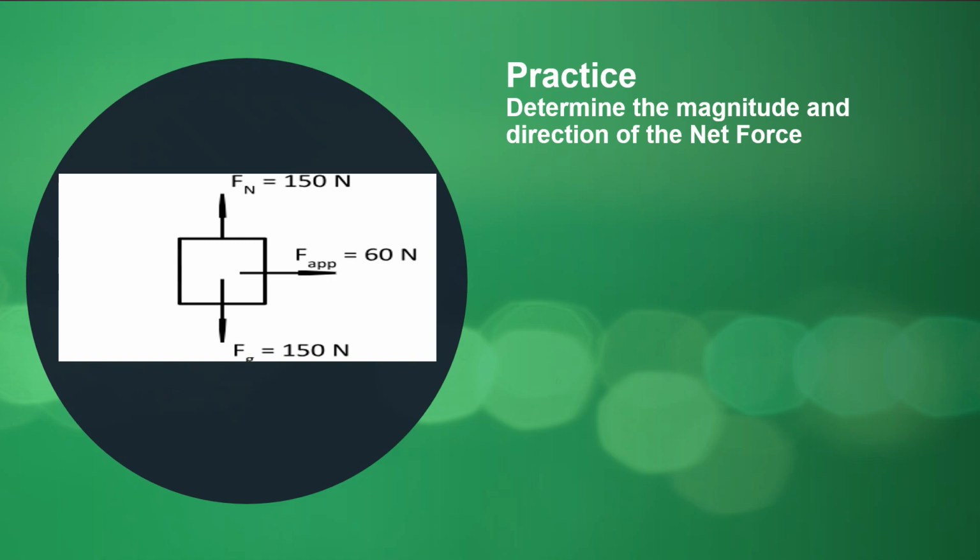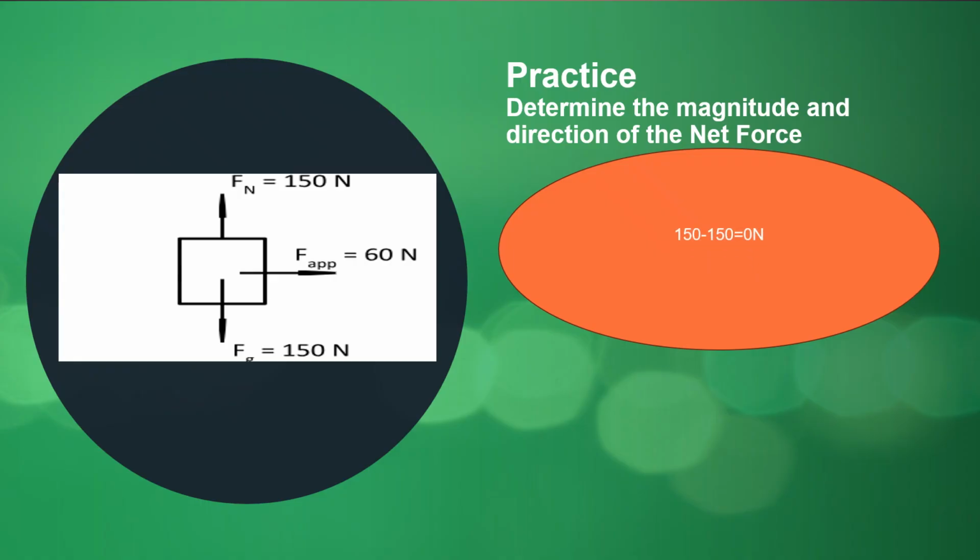The only other thing that we have is an applied force of 60 newtons. Do we see a force of friction? No, we don't. Therefore, we're not going to be subtracting anything from that. That being said, we'll say 150 minus 150 is equal to 0 newtons. The net force acting on the object is 60 newtons to the right.